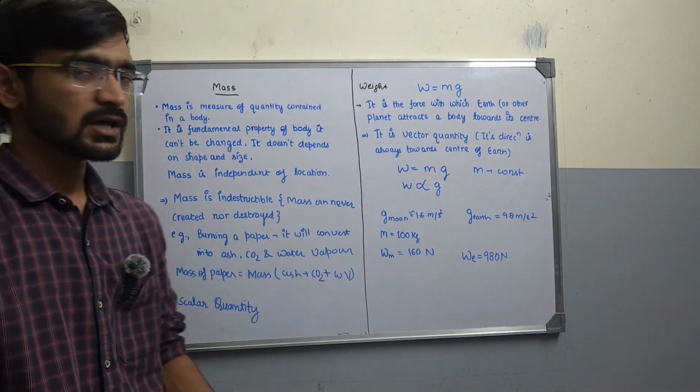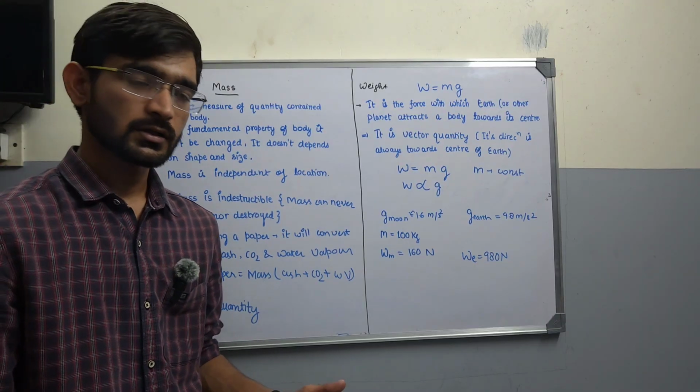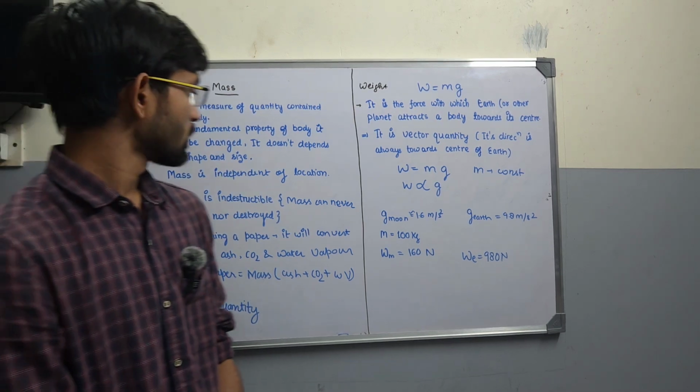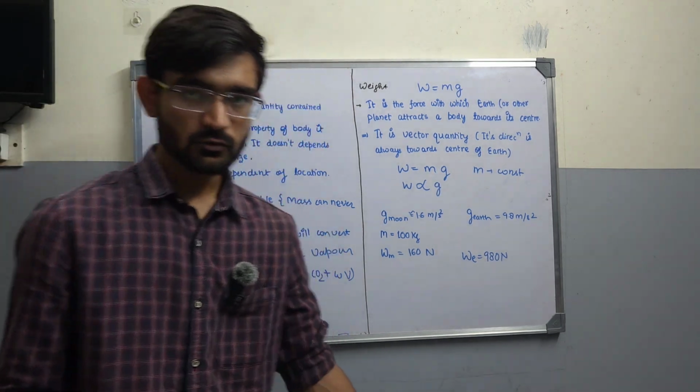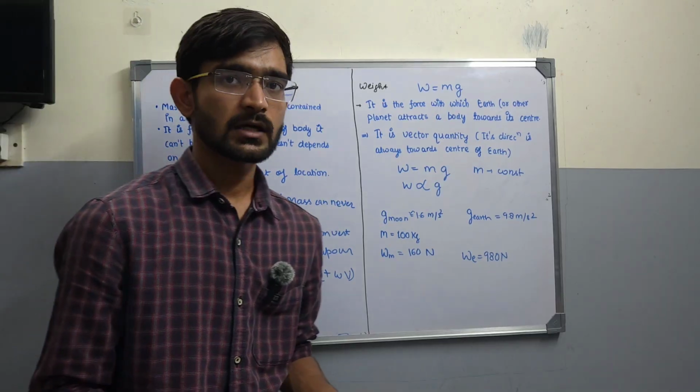That means mass is always constant, it cannot be destroyed, and it is a fundamental property of a body, as I told you, and it does not depend on shape and size.